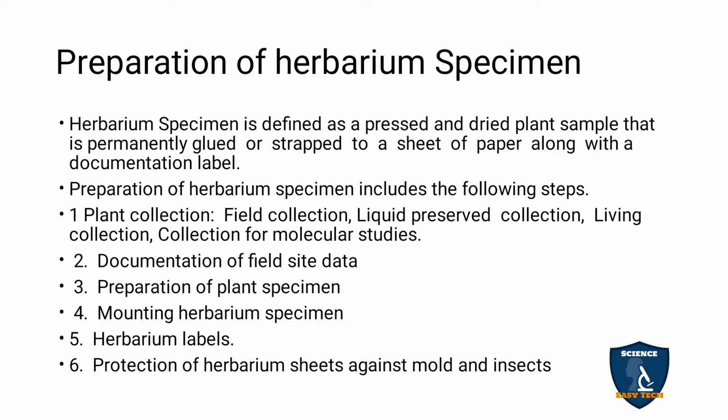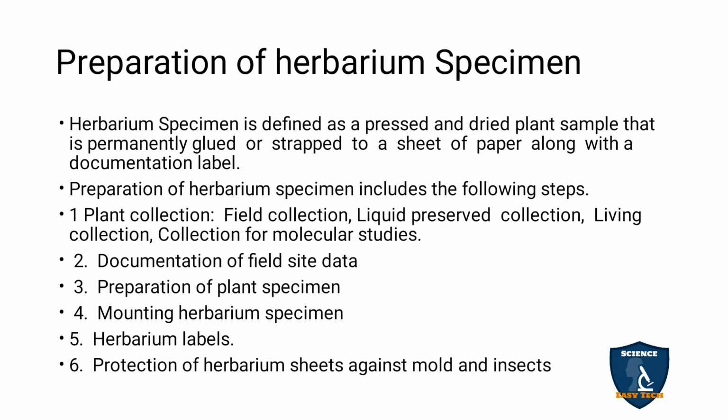Documentation of the field site data. Documentation means the name of the plant, the common name, the locality where it was collected, the date and time, and the value of the plant, medicinal or harmful. Everything can be taken as documentation of field site data. Preparation of the plant specimen: the specimen has to be prepared with the help of newspapers.